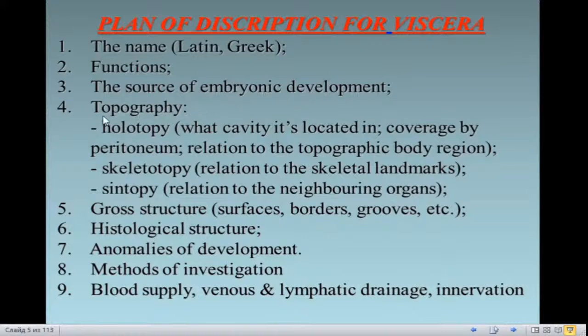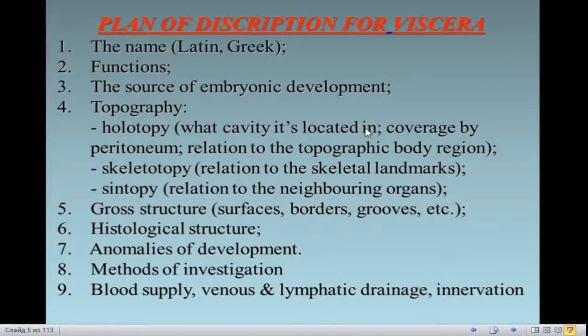The next item is to mention topography. What is topography? That is the location in the body, and it includes holotopy, skeletotopy, and syntopy. Holotopy means you should say what cavity this organ is located in.